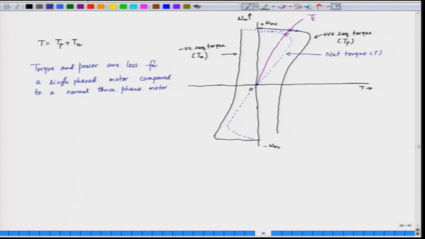This runs actually at a certain value of slip, but the power is reduced, which means the torque and speed both are reduced. Now, we have already discussed the motoring operation.